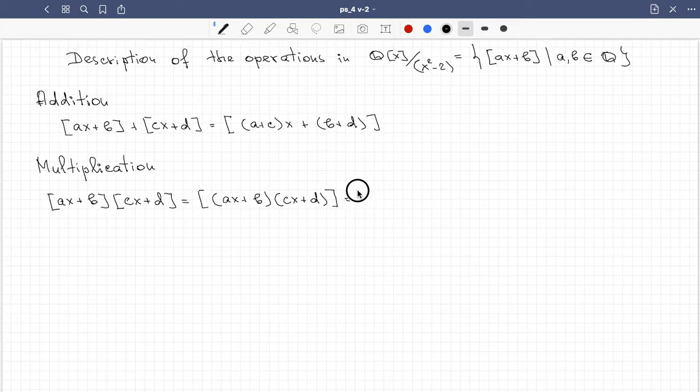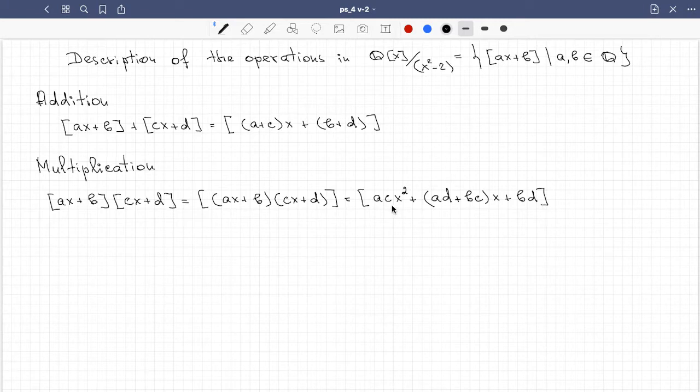And we can multiply them as two polynomials with rational coefficients. Nothing really tricky at this moment. We get ac x squared plus (ad plus bc) x plus bd.